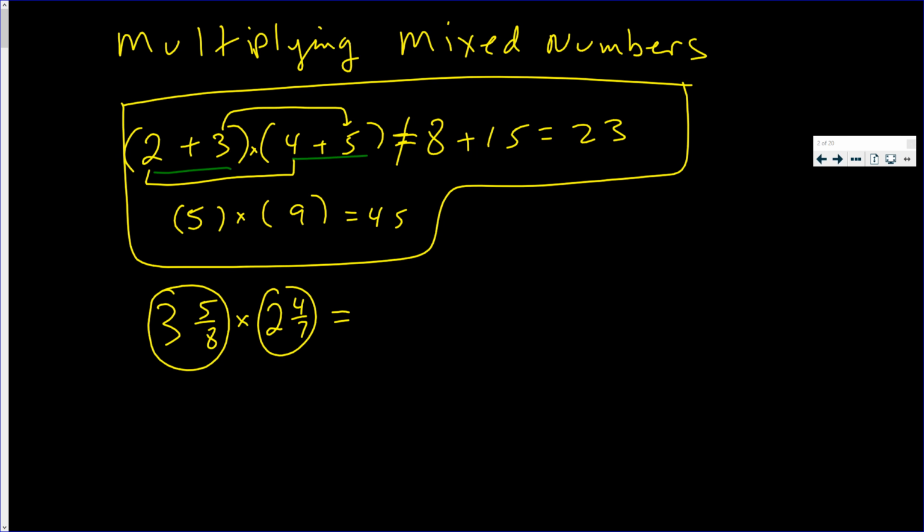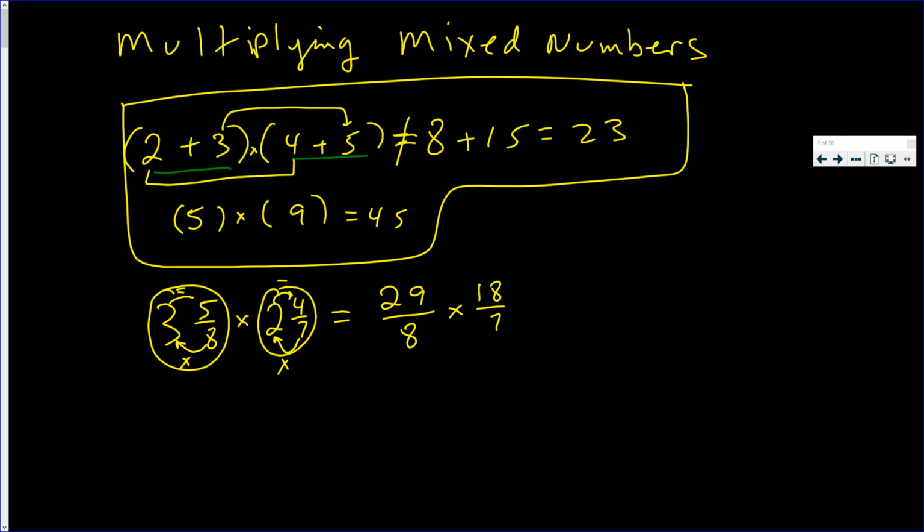Turns out they'll be improper, but sometimes they won't be. 8 times 3 is 24, and when you add on 5, you get 29 over 8. Times 7 times 2 is 14. Add on 4 more, you get 18 over 7.